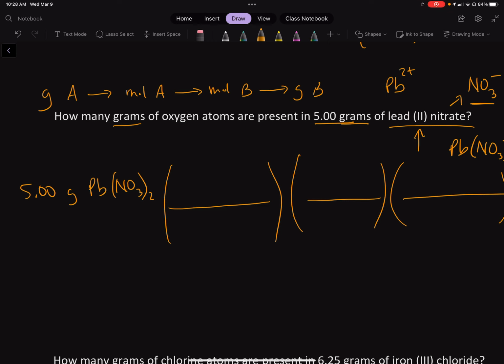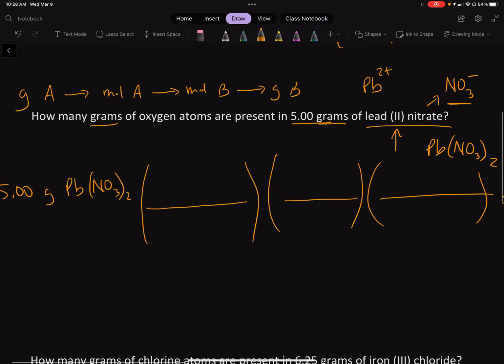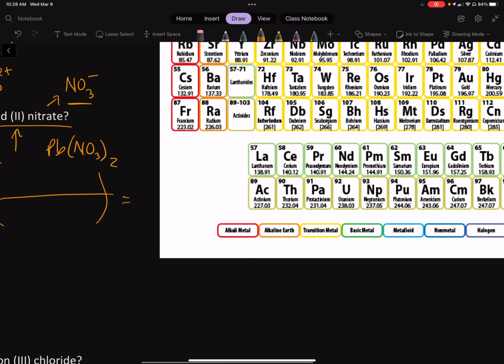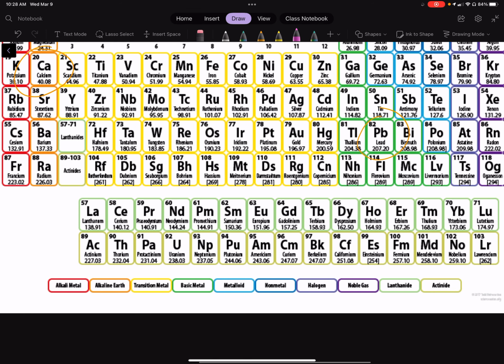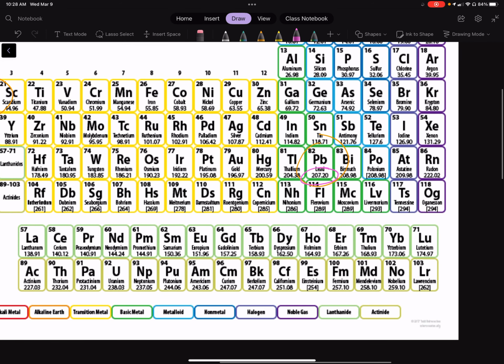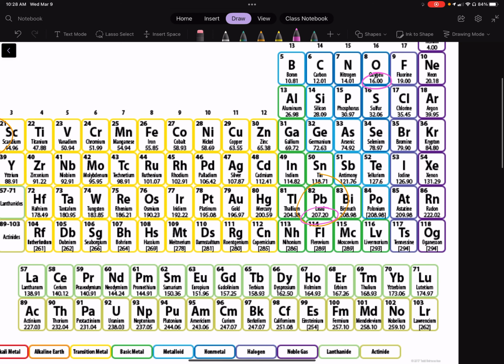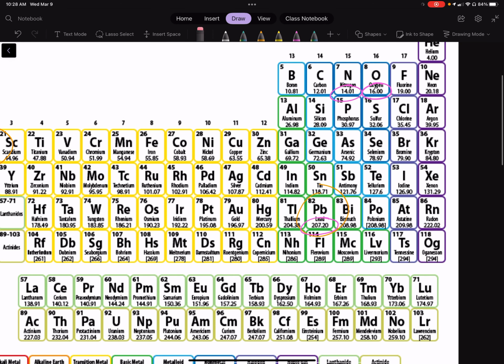The first step, going from grams of lead(II) nitrate to moles of lead(II) nitrate, will need the molar mass. As a quick refresher, how do you get the molar mass? You find the molar masses of the individual elements. Lead is 207.20, oxygen is 16, nitrogen is 14, and then you add those in the correct amounts.